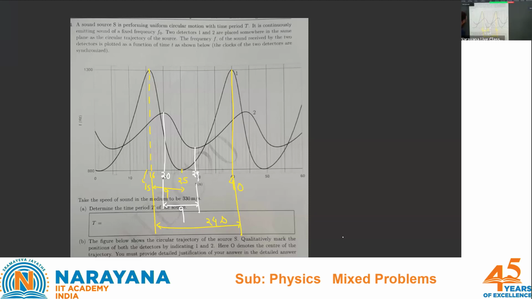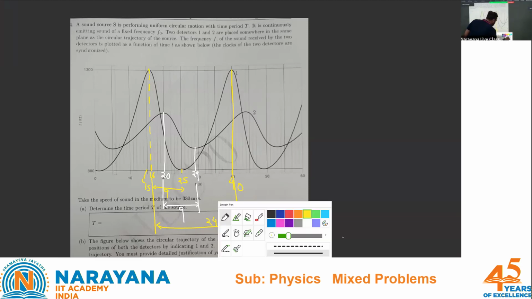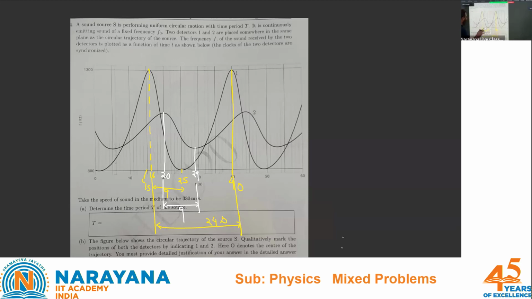Even if you look into the second graph, this is the only critical thing required, then you can start solving. 20 is this, and when you look into the peak again, this value comes out as 44. So even in this case, from max to the next max, it is a 24-second gap.